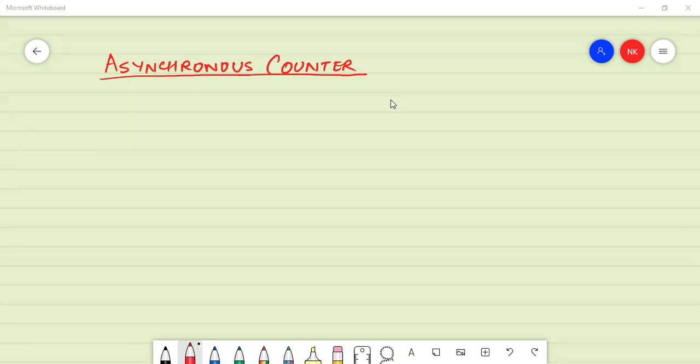Okay, so in the last class we have also seen a counter with flip flops.